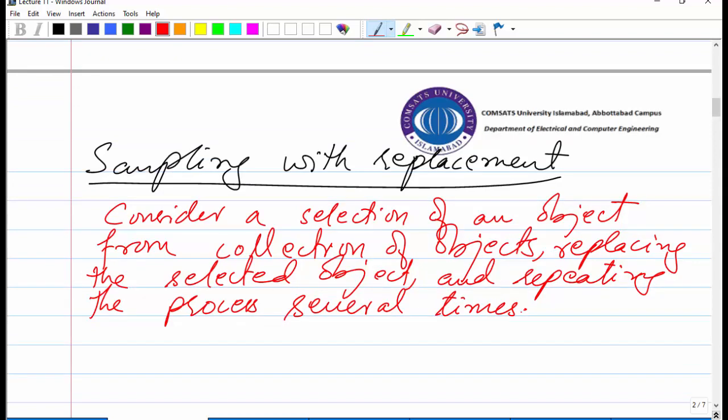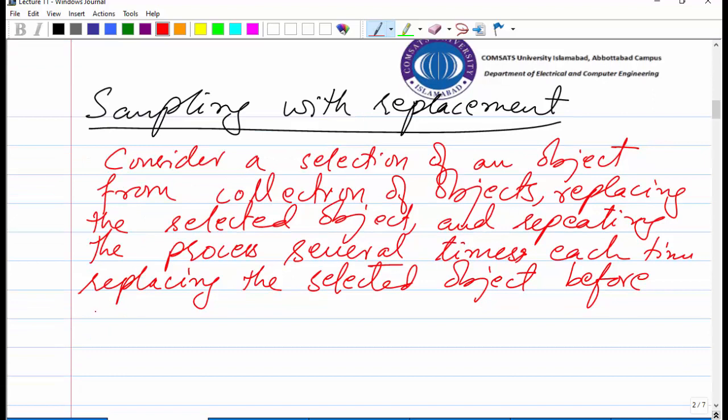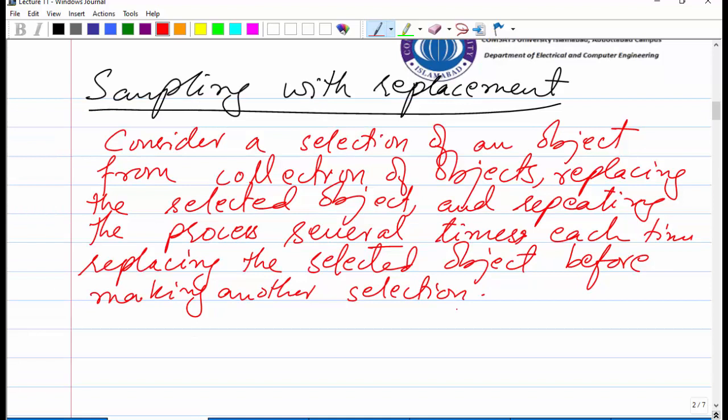So each time replacing the selected object before making another selection. So this is actually called sampling with replacement.